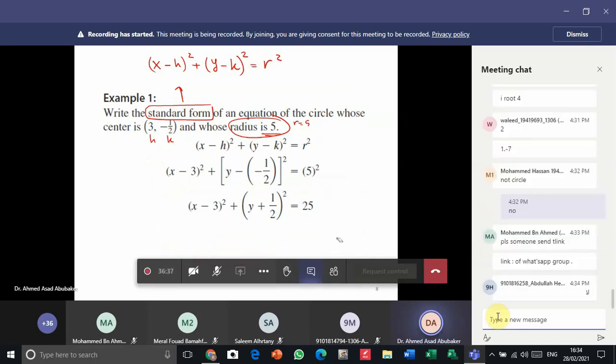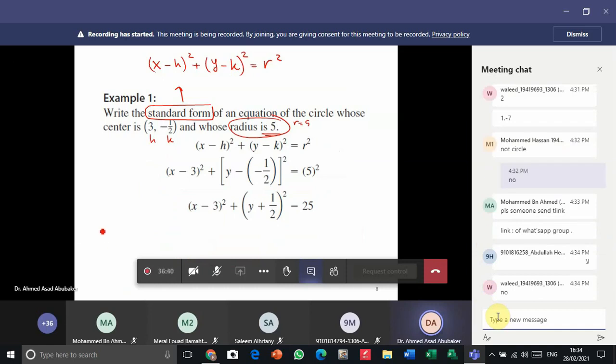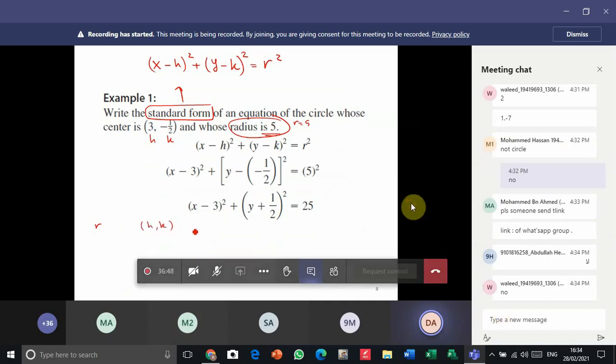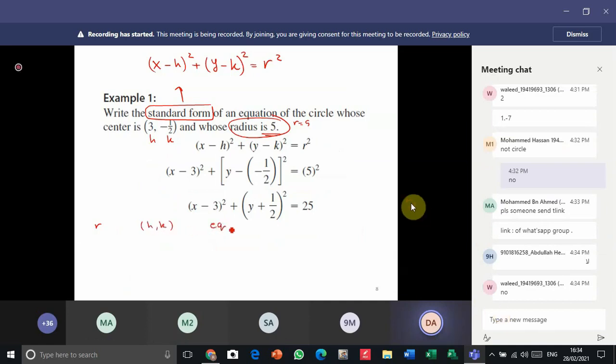Example. If we have the center and radius and we need to find the equation in standard form. The radius equals radical 7. The center equals negative 1 and 0. The equation equals what?